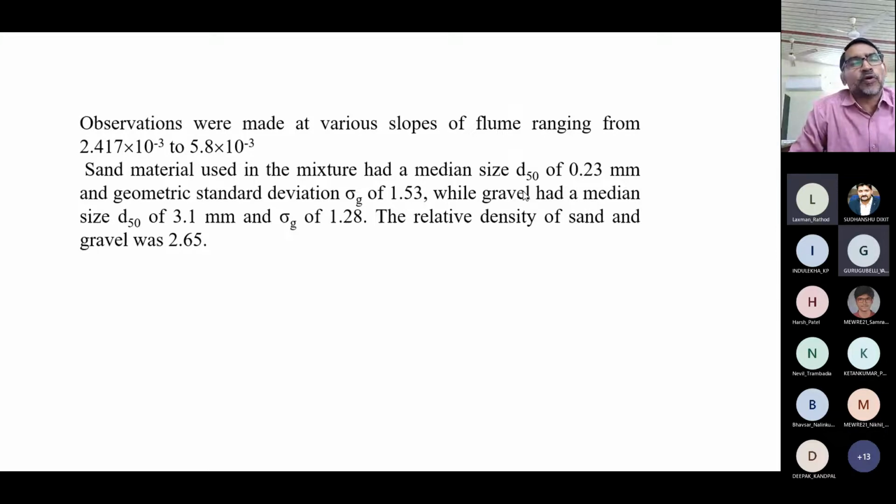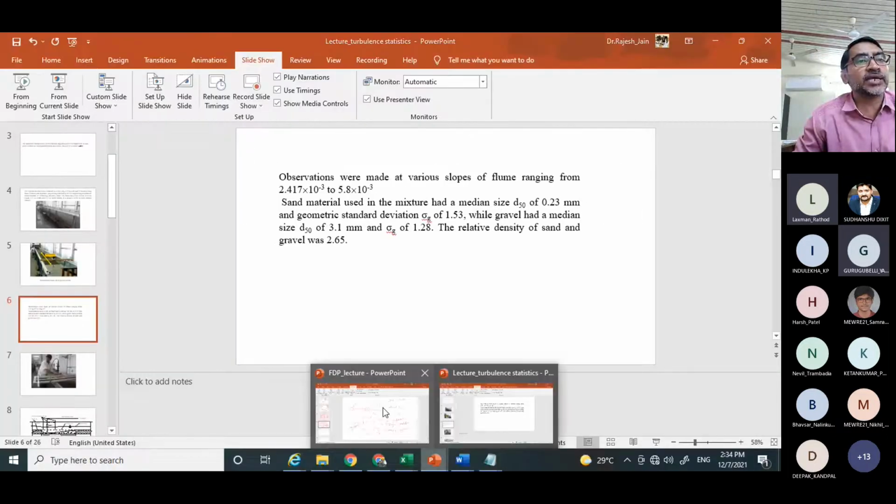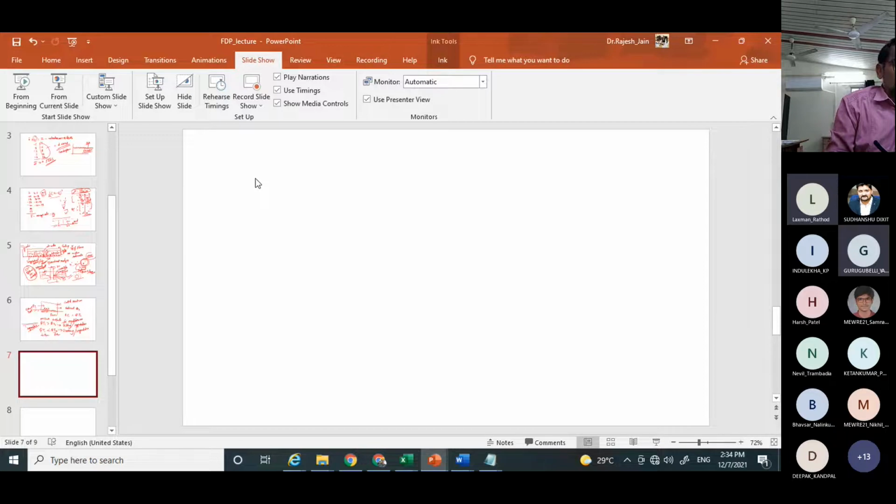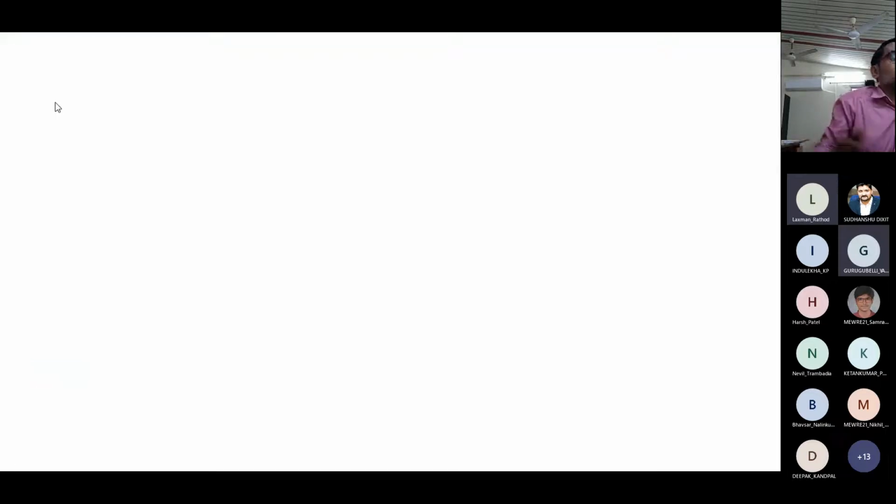If you go for the particle size distribution, the reason it is said median size is this: when you write 10, 20, 30, 40, 50, 60, 70, 80, 90, from 0 to 100, which is the median size here?